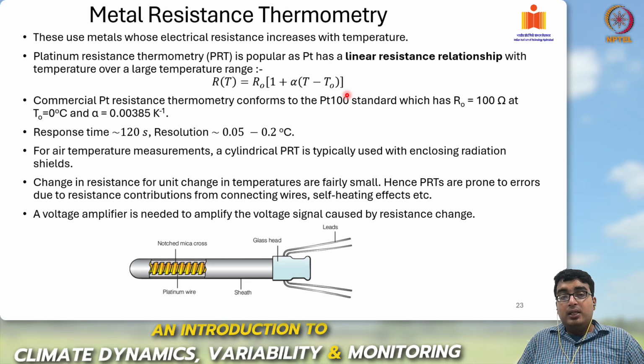The other issue is that its alpha value is quite low. So the slope is 0.00385 Kelvin inverse. R0 is 100 ohms. So for 1 degree change in temperature, 100 into this, you get 0.385 increase in resistance. 0.385 ohms only.